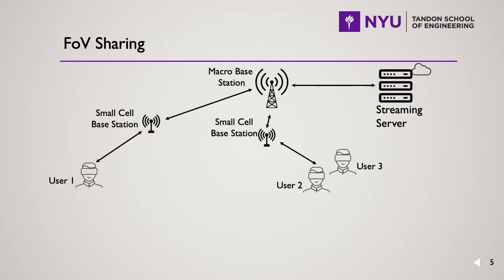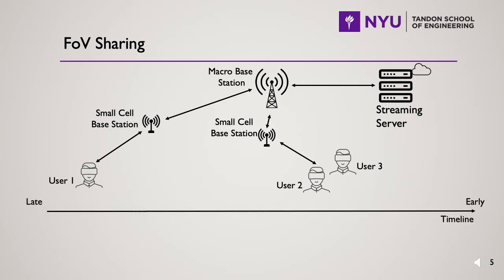First of all, I will introduce the FOV sharing mechanism in the Live 360 video streaming system. This is the architecture of the download path of the system, and all the users in this case are watching the same event. In addition, assume there's a timeline which shows the latencies of users: the right means early and the left means late.